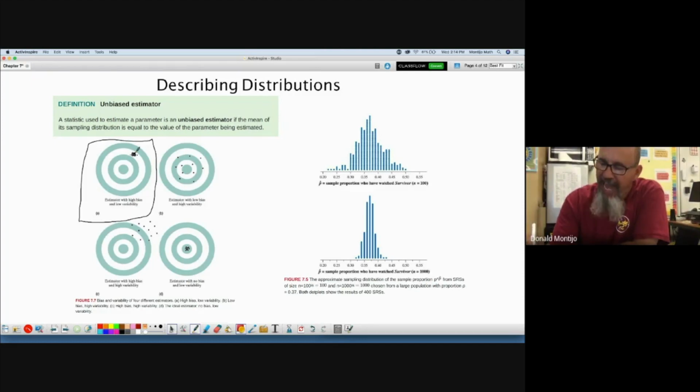However, if I were to average all of these shots, it would not put me on target at the bullseye. Therefore, this statistic is said to have a high bias because the mean of all the samples is not equal to the true mean of the parameter, but low variability because they're all grouped together.